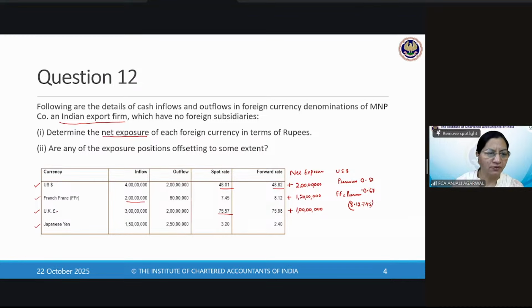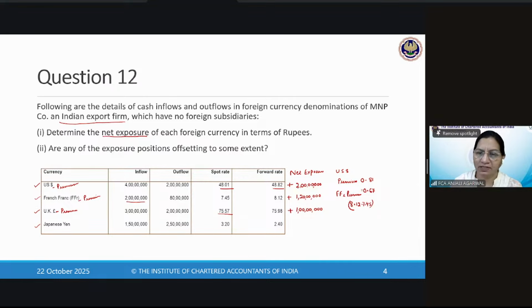So the UK pound is also at premium. French franc was also at premium. US dollar is also at premium. And in all the three, your net exposure is positive.